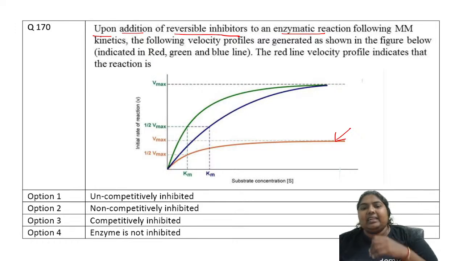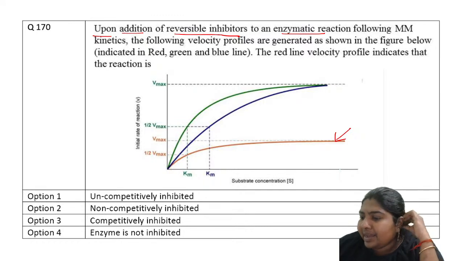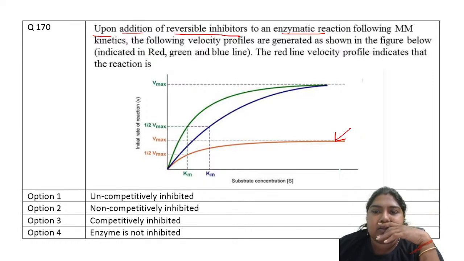So what has happened here? What has happened to the Vmax? Vmax is a constant. What has happened to the Vmax? So this is your MM.